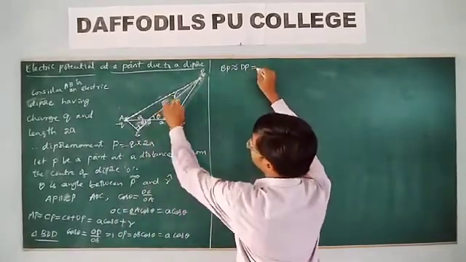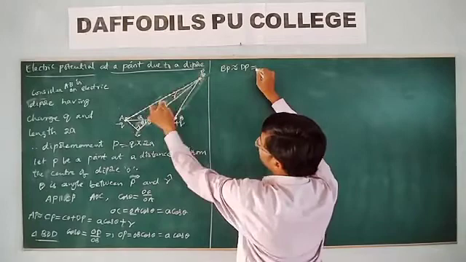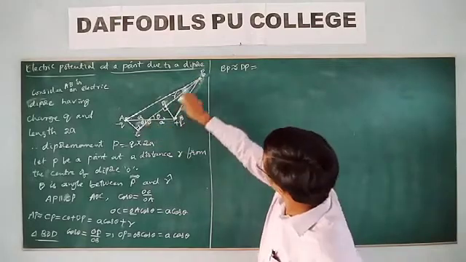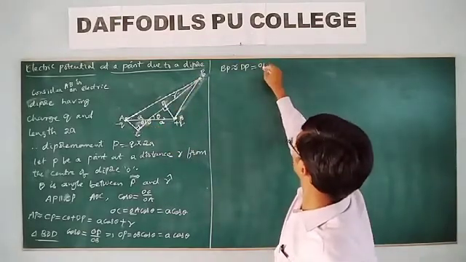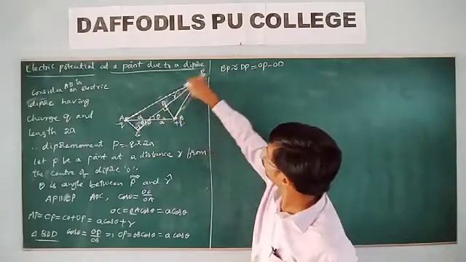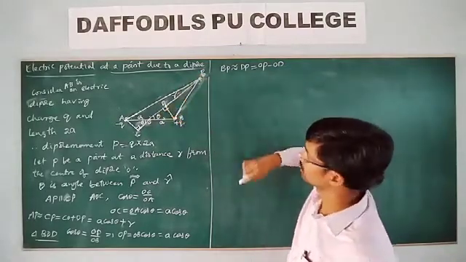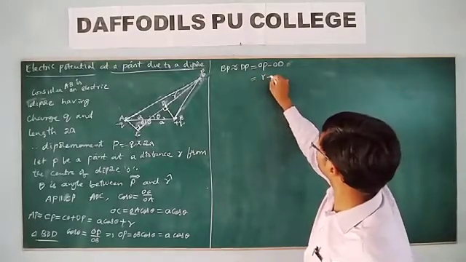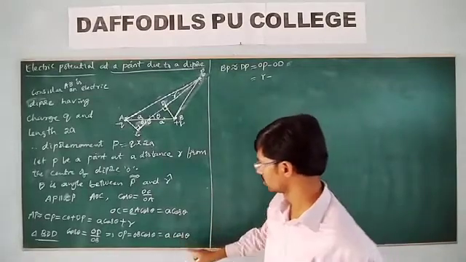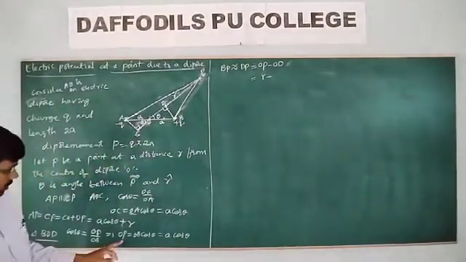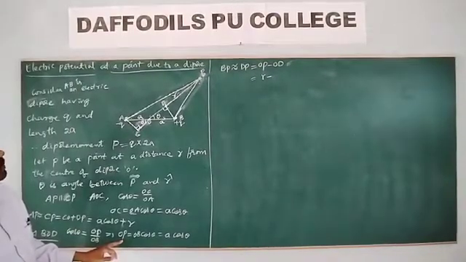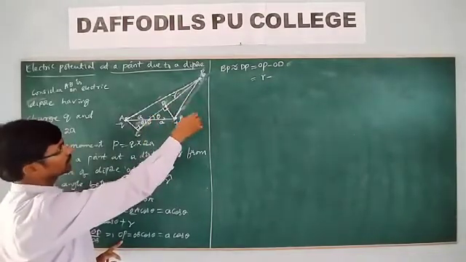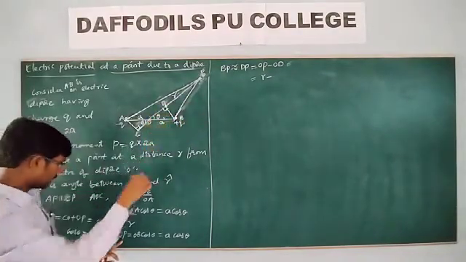DP is nothing but OP minus OD. Then OP is nothing but R, so DP is R minus OD. So the total distance R minus OD is R minus a cos theta.